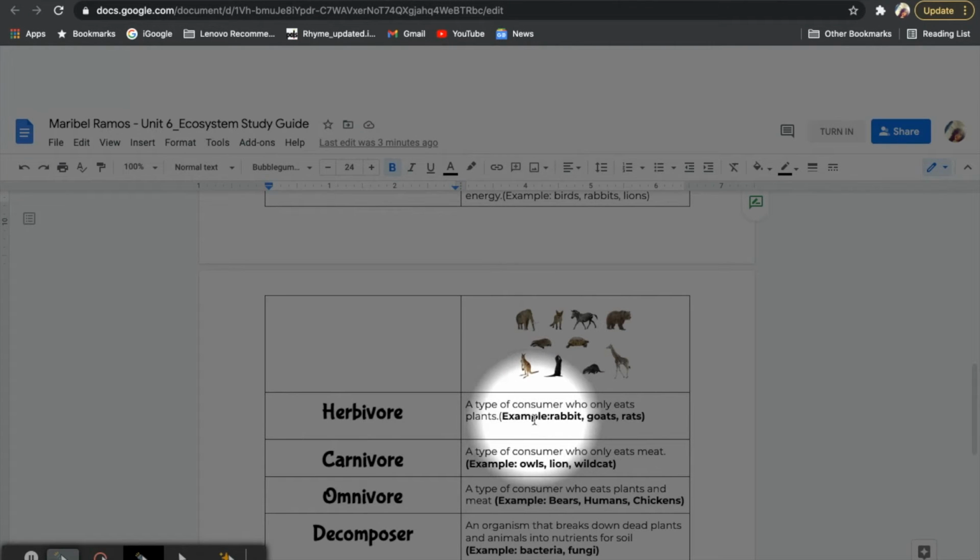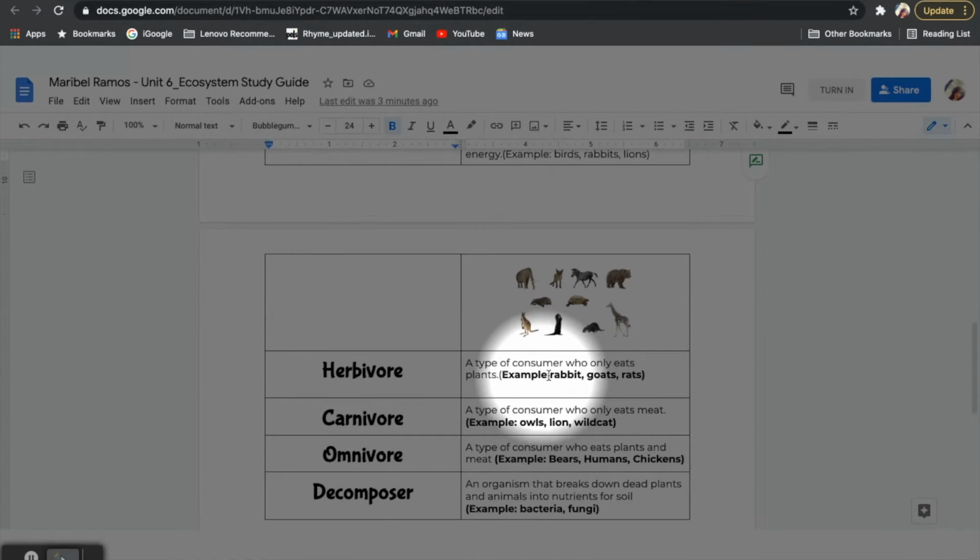For example, rabbits are consumers that are herbivores. Rabbits have to consume a plant for their energy, but the food that they like to eat is usually grass. That makes a rabbit an herbivore. Same as goats and rats. These are all herbivores because they only eat plants.